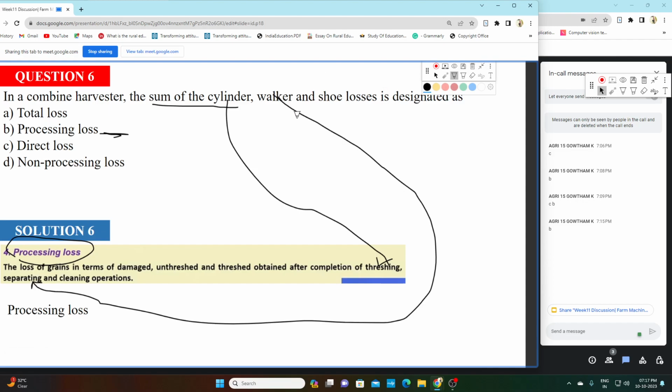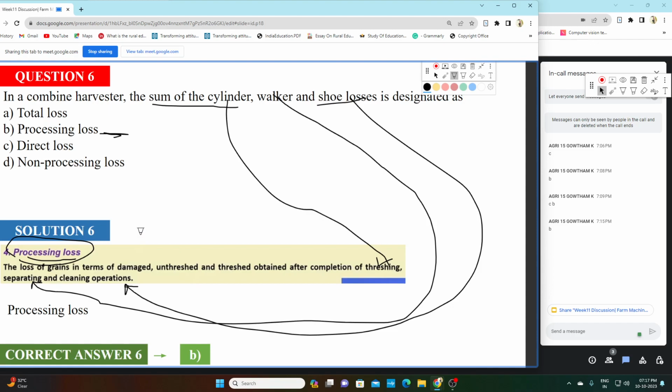And shoe loss is the separation of grain from the chaff or lighter materials; that is cleaner loss, that is shoe loss. So these are the three losses. The sum of cylinder, walker and shoe losses is known as processing loss, because these are the processes of your combine harvester. That is why the name processing loss is given. So option B is your correct answer.